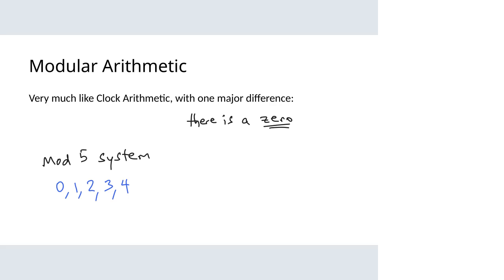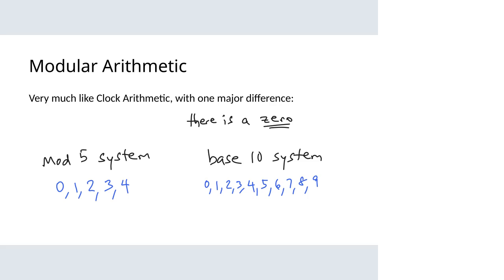I want to link this to the base 10 system that we work in all the time. Our base 10 system has 10 digits, and those are 0, 1, 2, 3, 4, 5, 6, 7, 8, and 9. Notice, the largest digit in a base 10 system is 9.